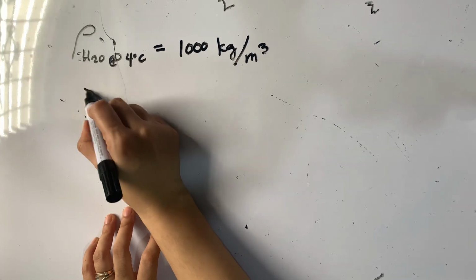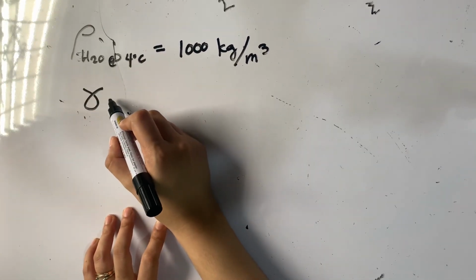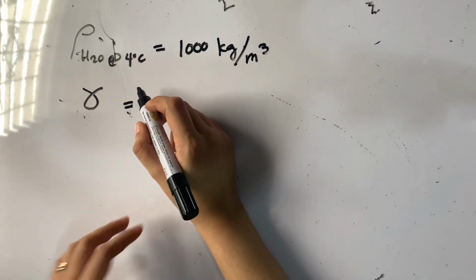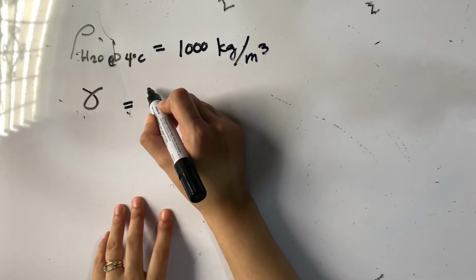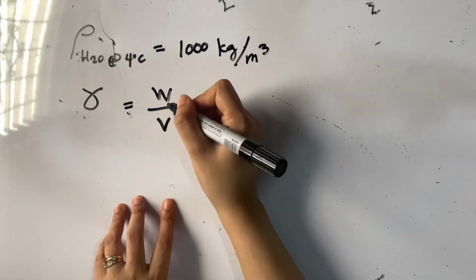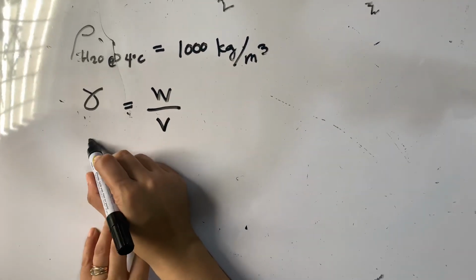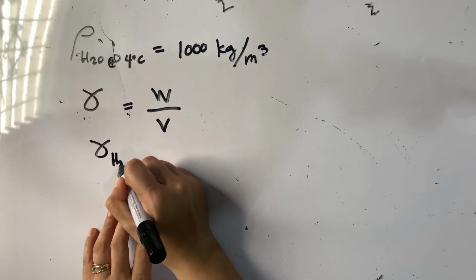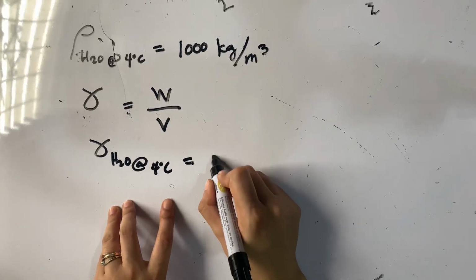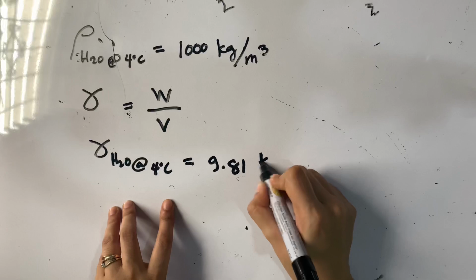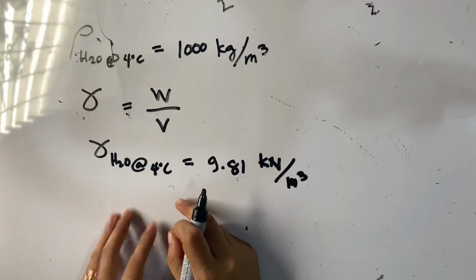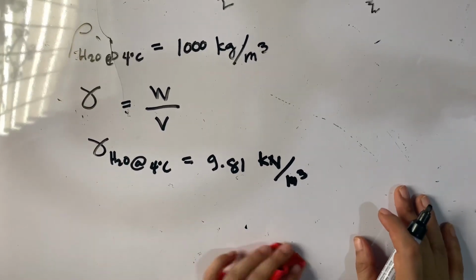Now, the unit weight or specific weight is the weight of unit volume of a fluid. It is equal to the total weight over the total volume. The specific weight of water at 4 degrees Celsius is equal to 9.81 kilonewton per cubic meter. Now, what is specific gravity, class?